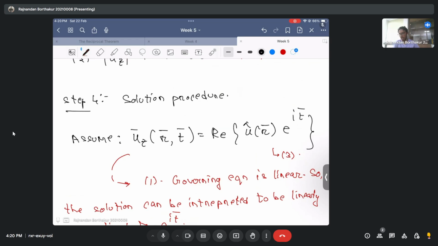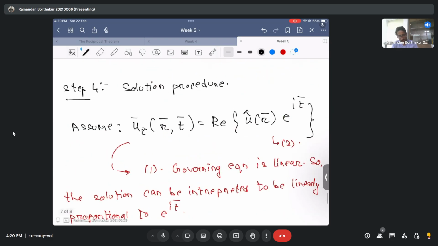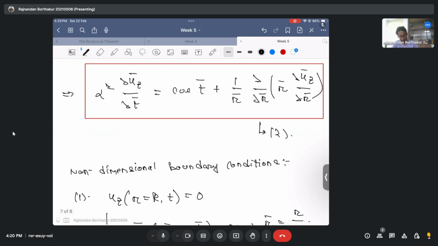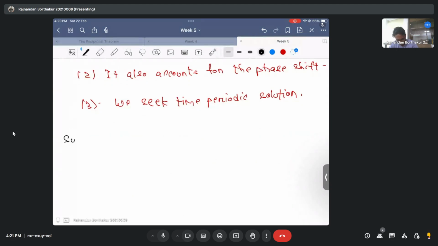Okay, all right. So once this is done, the next task is essentially simple. Next is just the solution procedure. What you need to do is substitute 3, that is the form of this solution, into the governing equation 2. So we'll substitute 3, that is the form of uz bar of r bar, into 2.